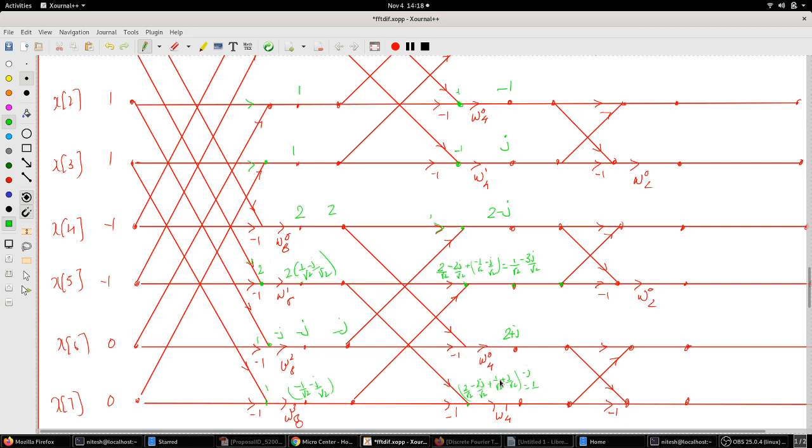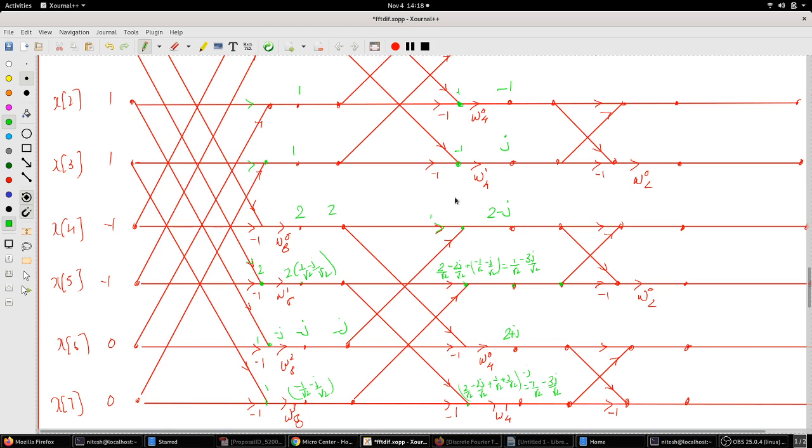Yeah, so this is what, minus j, so plus j by root 2, right? Plus 1 by root 2 it will be, right? Yeah, so this will be a plus, so minus 1 by root 2, okay, minus 1 by root 2, this is the outcome of this, and this will be minus 3j by root 2. This is what you will get here. Okay, minus 3j by root 2.